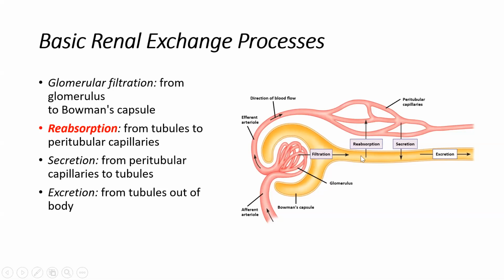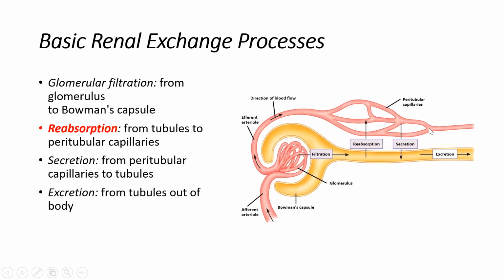And so this is why we have to reabsorb them, because they can get through these spaces. The second process is called reabsorption. Reabsorption is movement of important things that we want to reclaim back into the body from the Bowman's space, from the tubular structures, back into the capillaries that are wrapped so tightly around these tubular structures. And then the third process is secretion. These are things that we don't want in the body, things that probably did not get filtered out, but are still remaining in the blood, right?